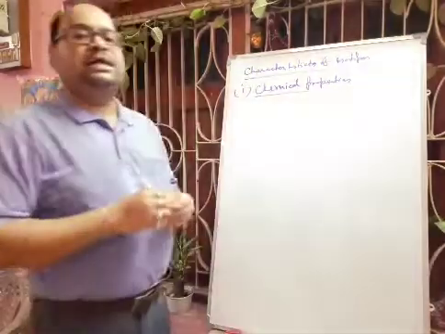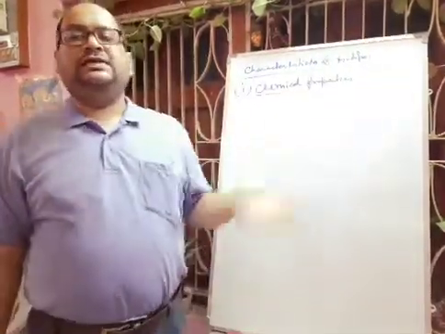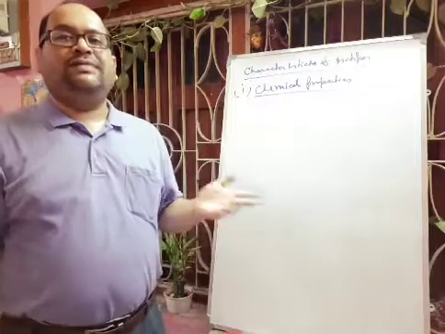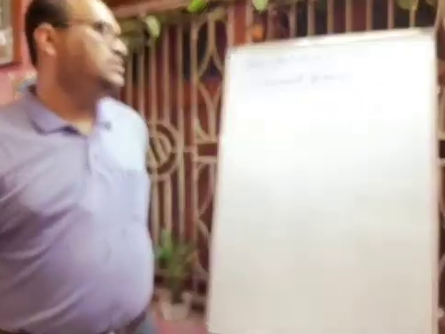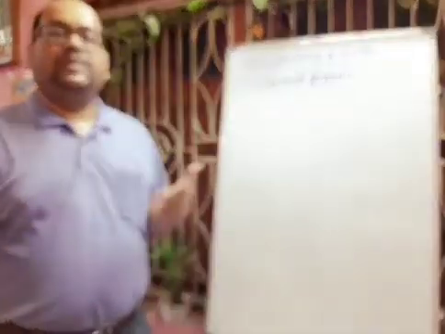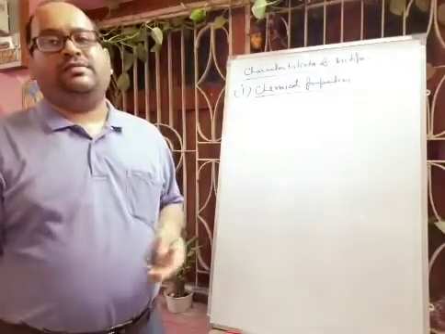Chemical properties generally depend on the number of electrons. As in case of isotopes, all have the same number of electrons and their electronic configuration is also the same. So definitely they will exhibit the same chemical properties.